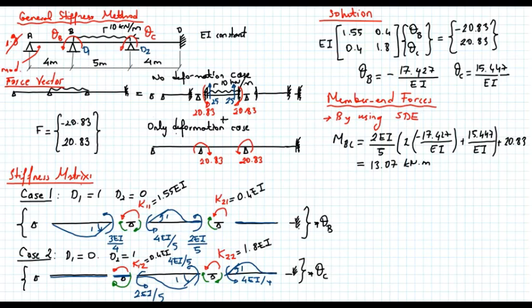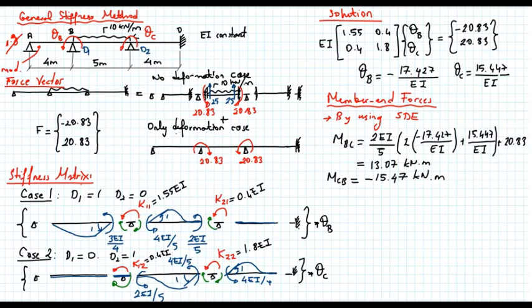And if you calculate the other moment, MCB, by using the slope deflection method, you will obtain it as minus 15.47 kilonewton meters.